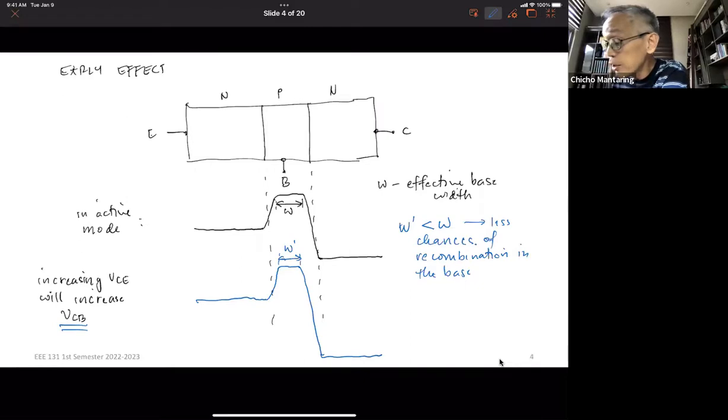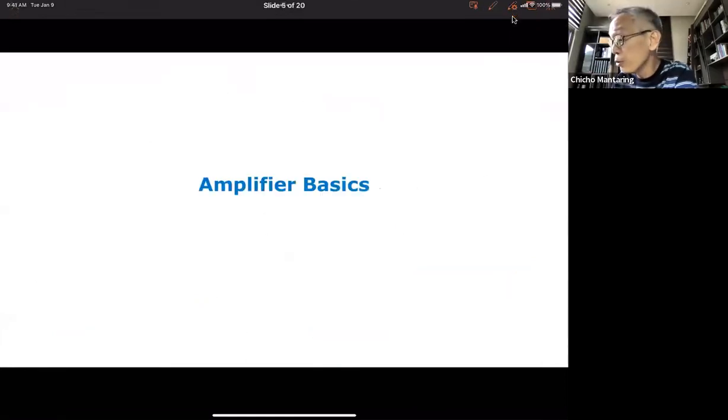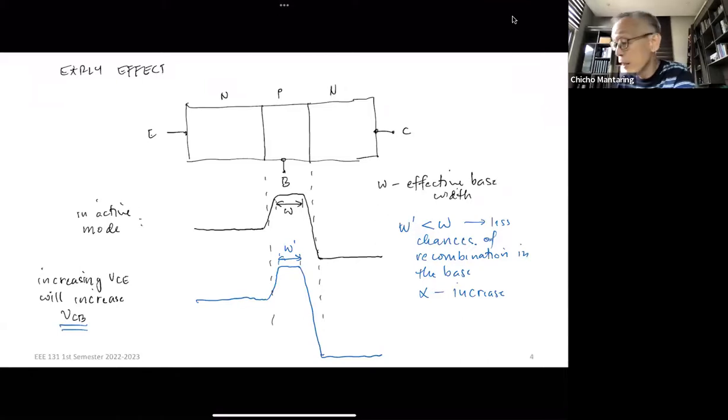So there are less chances of recombination, and therefore alpha will increase. And if you recall, what is the definition of alpha? This is the percentage of emitter current that is collected at the collector. So alpha is going to increase. Therefore, I sub C will increase. That's what's going to happen.